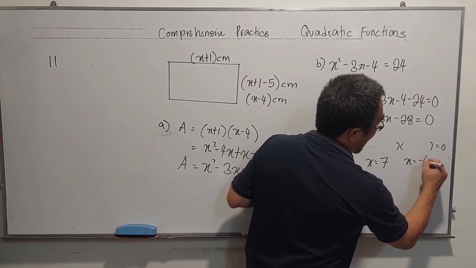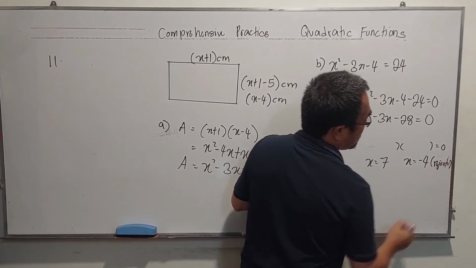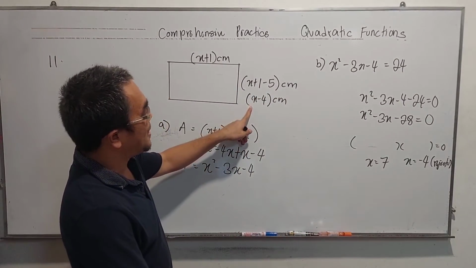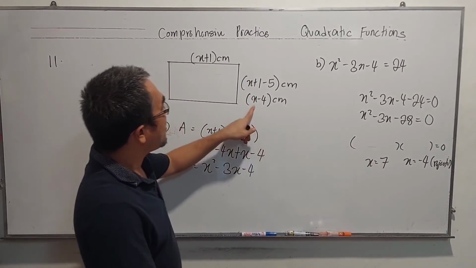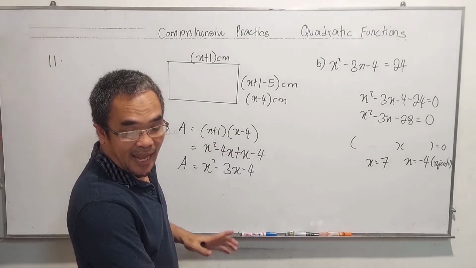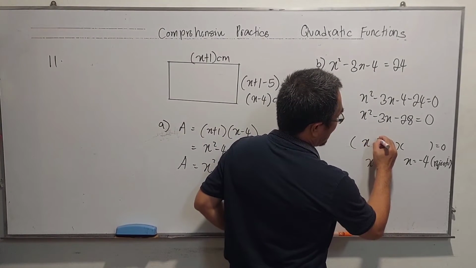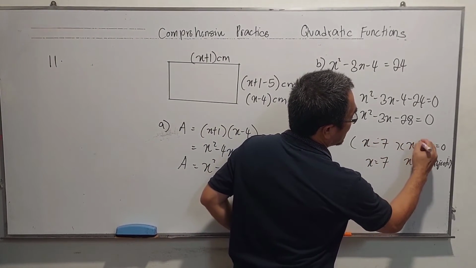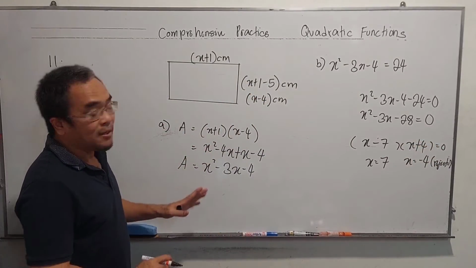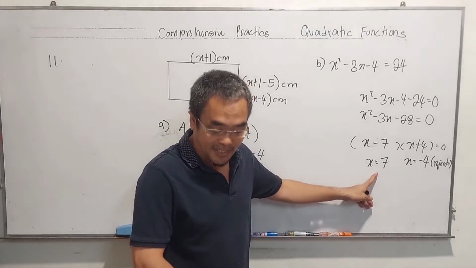But this one is rejected, because it's not possible that x will be negative 4, and the length would be negative. There is no such thing as length in negative territory. So it is x minus 7 and x plus 4. So the acceptable value of x is 7.